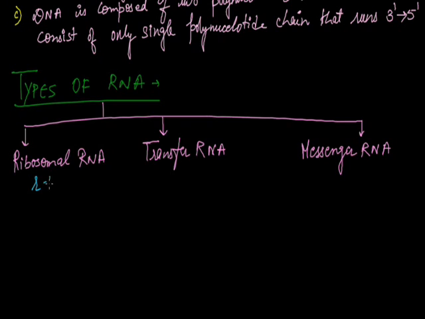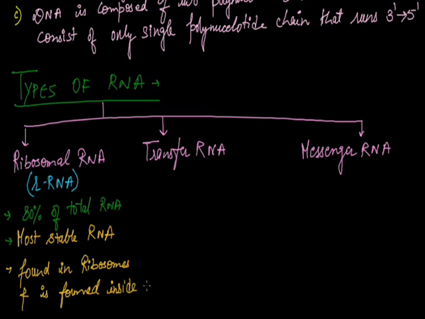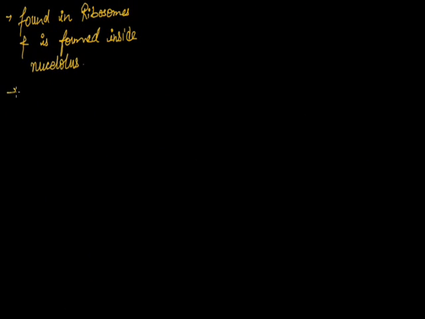First we're going to deal with ribosomal RNA, called rRNA. 80% of total RNA forms the ribosomal RNA. It is the most stable RNA. It is found in the ribosome and is formed inside the nucleolus.